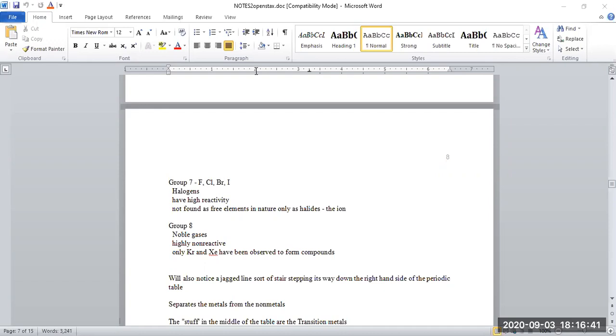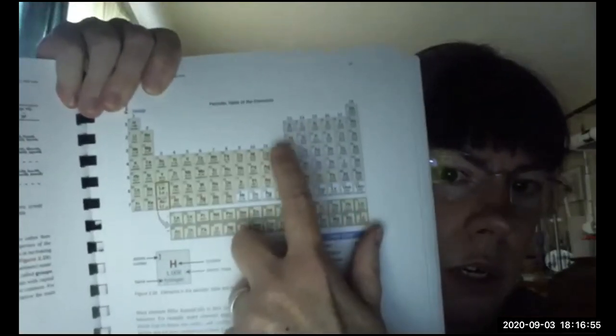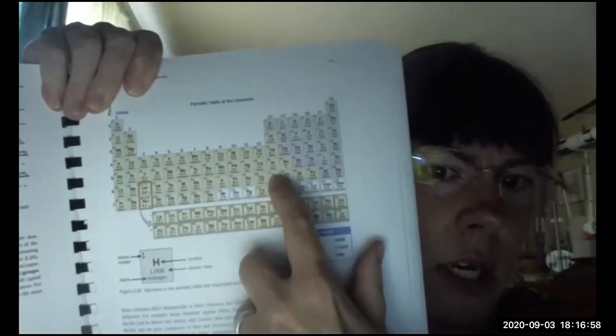Okay, this is page 95 in your textbook. And it's not super obvious, but if you look at the colors, oops, my book falls shut there. If you look at the colors, all the ones down here and all the way across, they're yellow.